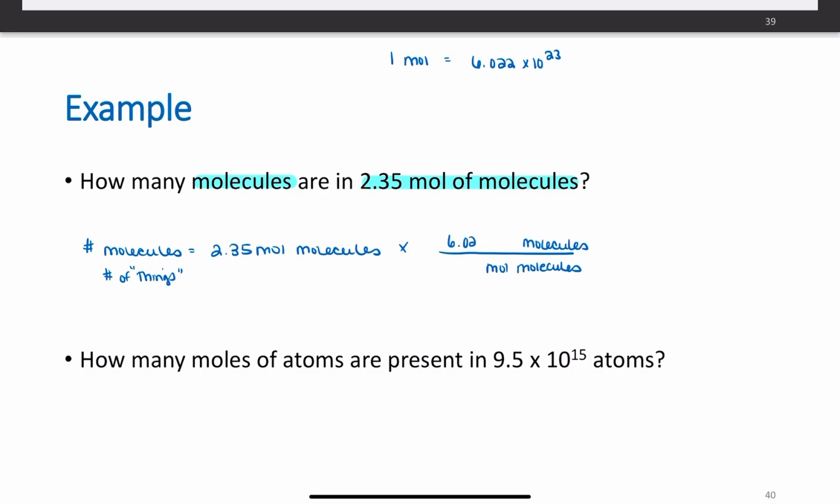So 6.022 times 10 to the 23rd molecules for every 1 mole of molecules. That cancels out my moles of molecules and gives me my molecules.